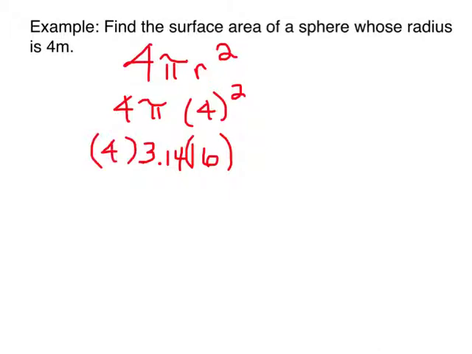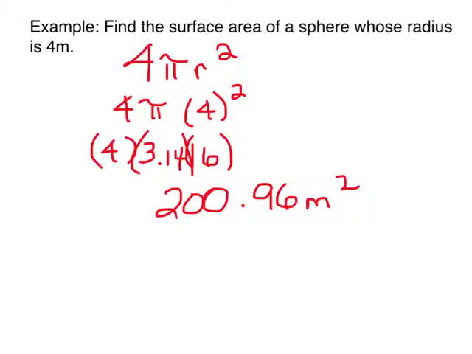When I do all of that on my calculator, I'm going to come out with 200.96 meters squared, because remember, area is always squared.